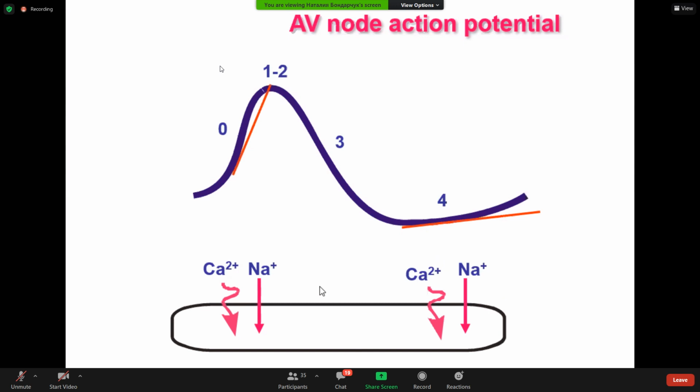So, such drugs as sodium channel blockers, in their antiarrhythmic action on the AV node, will prolong the zero phase, and thus will decrease conduction of the AV node. Plus, such drugs prolong the fourth phase, and thus they decrease automaticity of the AV node.